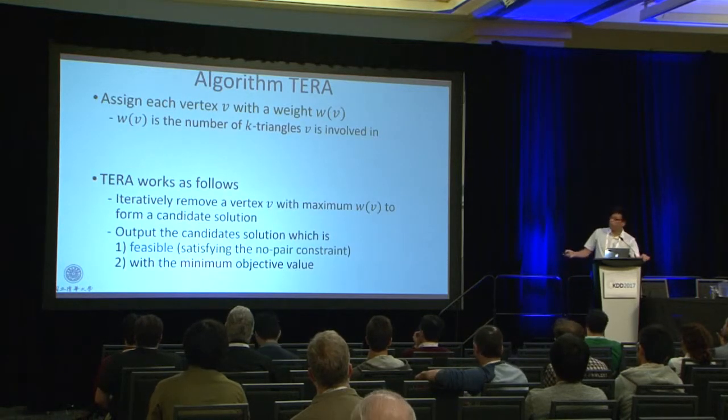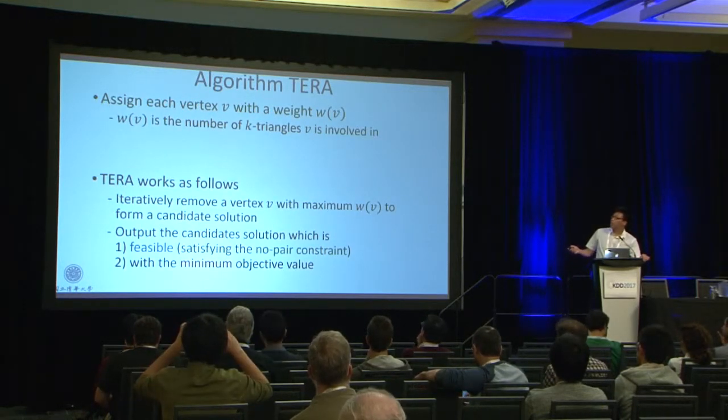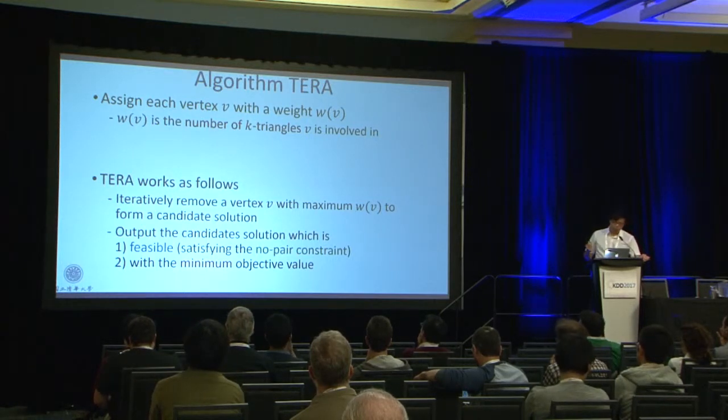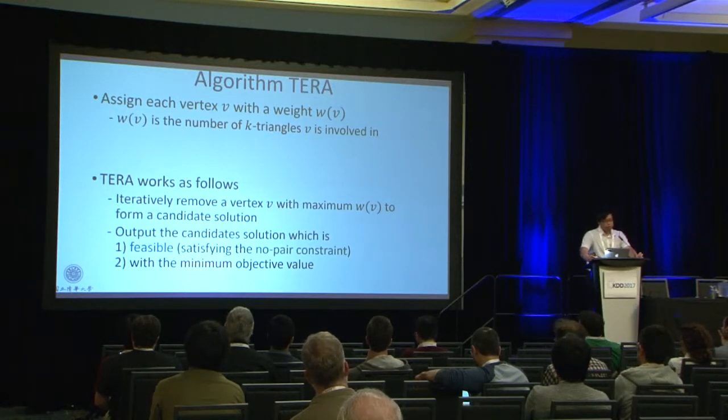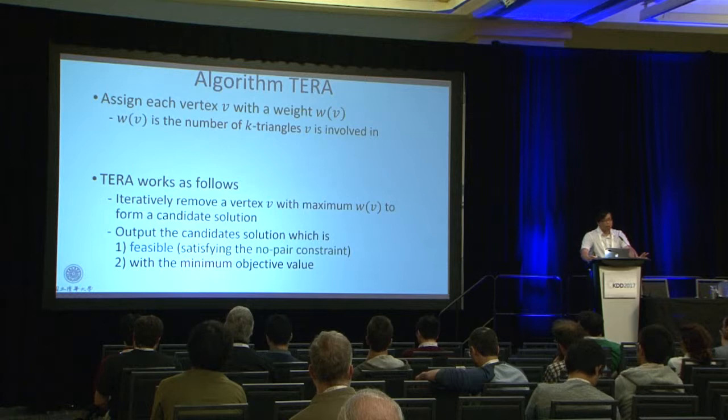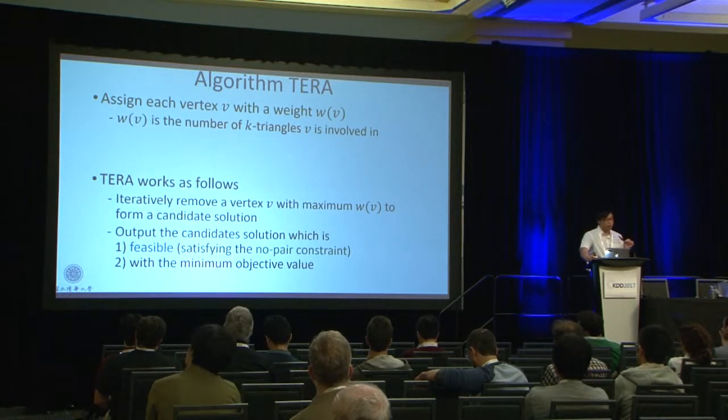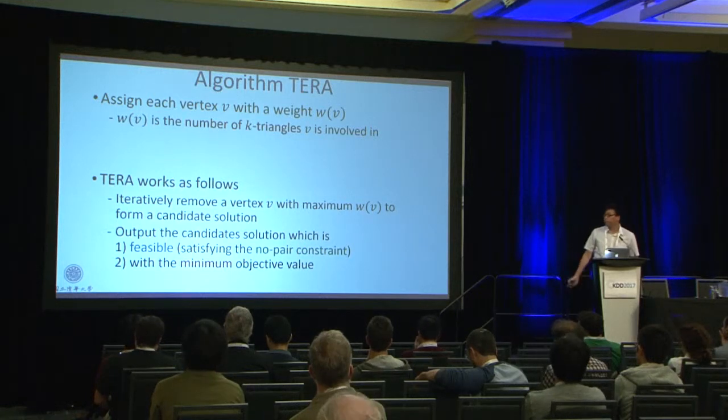So specifically, at the very beginning, we assign each vertex v a weight Wv, where Wv is the number of K triangles v is involved in. Then our algorithm iteratively removes a vertex v with a maximum Wv to form a candidate solution, and we output the candidate solution which is feasible while having the minimum objective value.